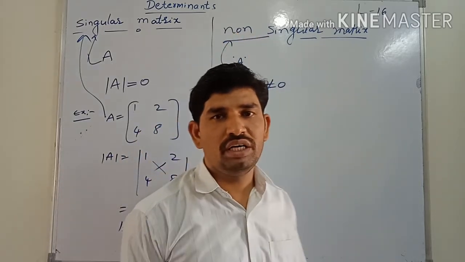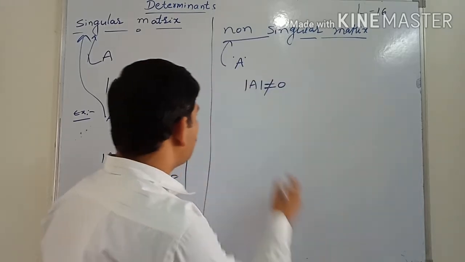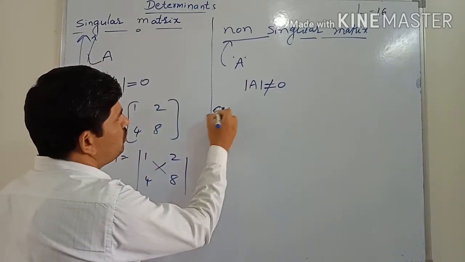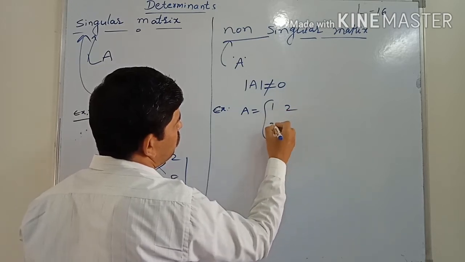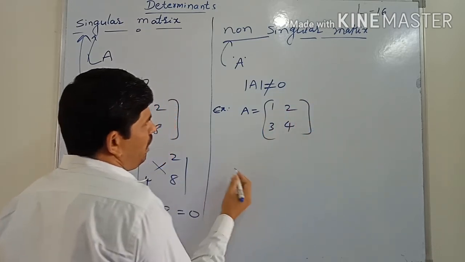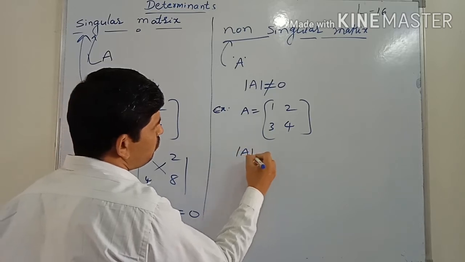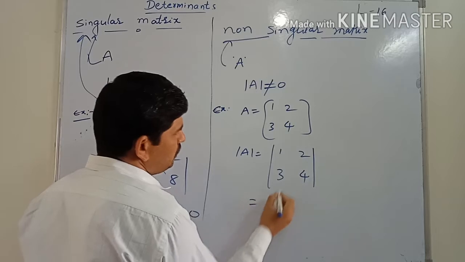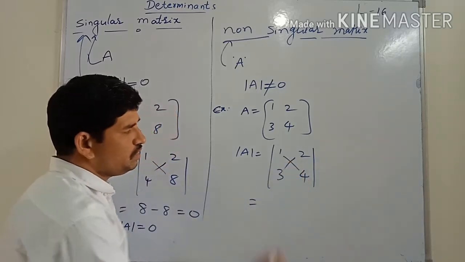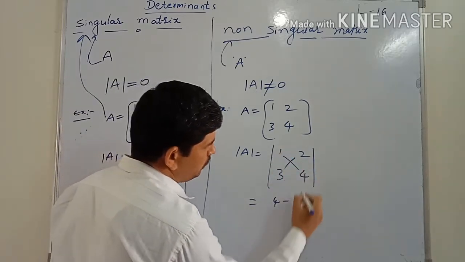Let us take one example. Suppose A is equal to 1 2 3 4. We know how to find the determinant for 2 by 2 matrices, just by cross multiplication. 1 into 4 is 4, minus 3 into 2 is 6.